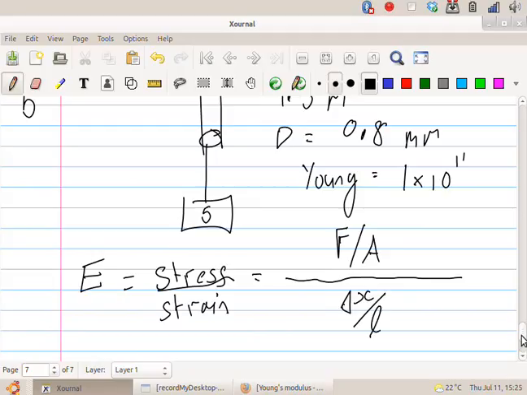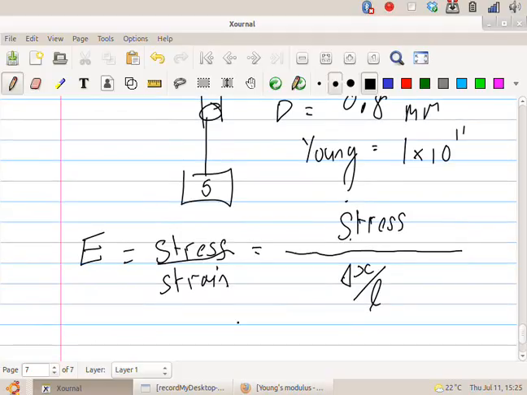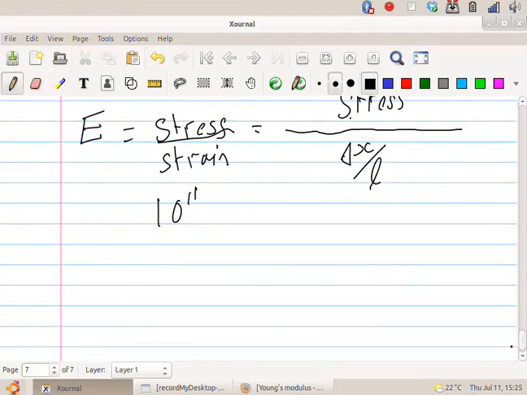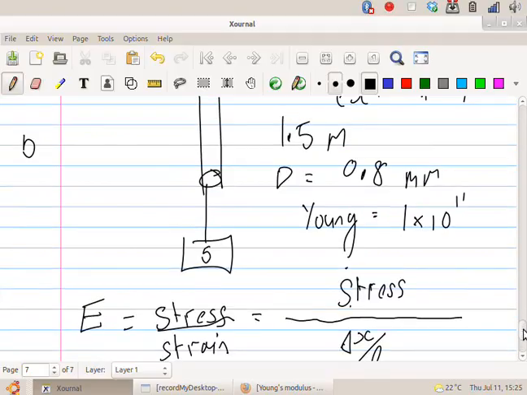Okay, now what is he asking us for? The stress. So actually, I'll just call this stress. He wants the stress. Okay, that's not too bad. So he says here this is 10 to the 11. It's 1.5. How long is it extended by? Actually, maybe I don't know it.